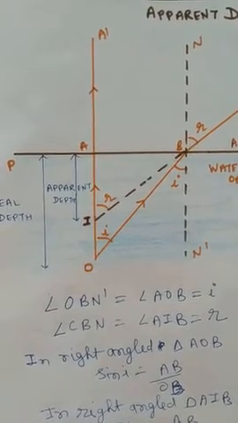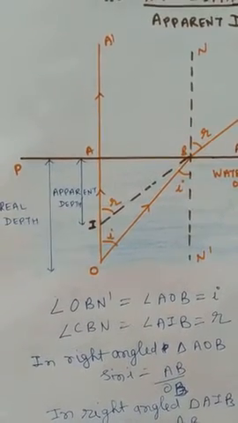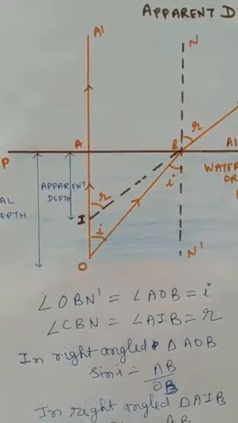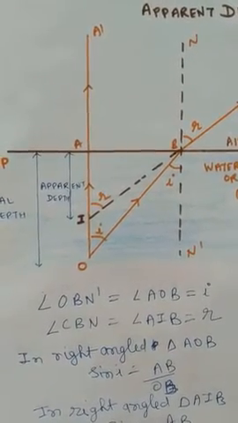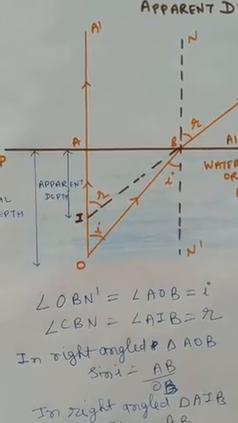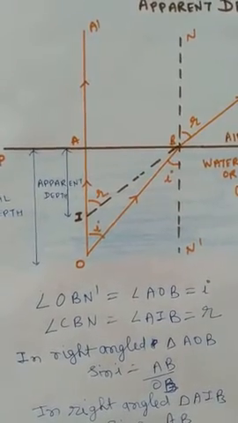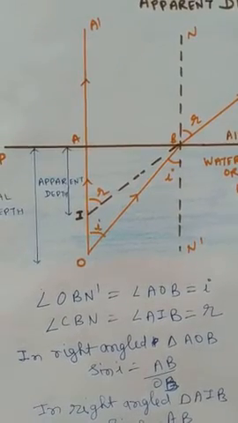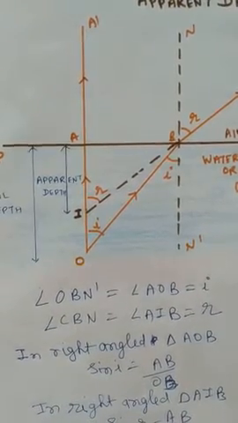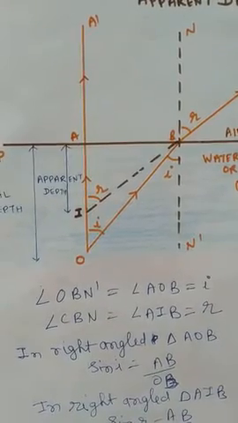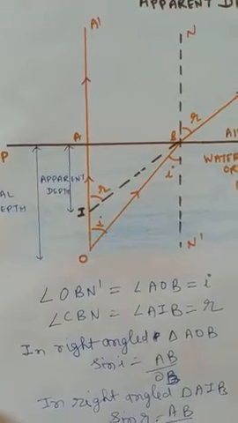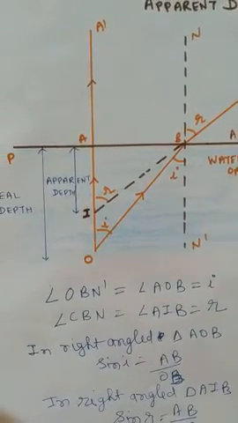The shift decreases with the increase in wavelength of light used. For red color, we know it has the maximum wavelength, so the shift will be minimum for red light, and it will be maximum for violet color because the wavelength of violet light is less. Clear? So these are the three factors on which the shift depends.